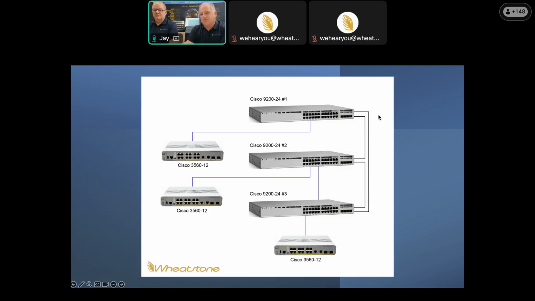Instead of the traditional trunks or the traditional access ports where we're going point to point, what these stacking cables do is they link every switch together, creating one high-speed backplane, one CPU, but you also have a ring type topology where if you have a failure right now in switch 2, everything on switch 1 and everything on switch 3 is going to work.